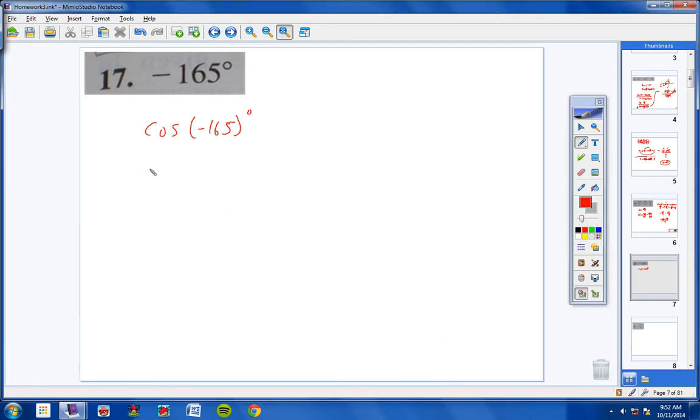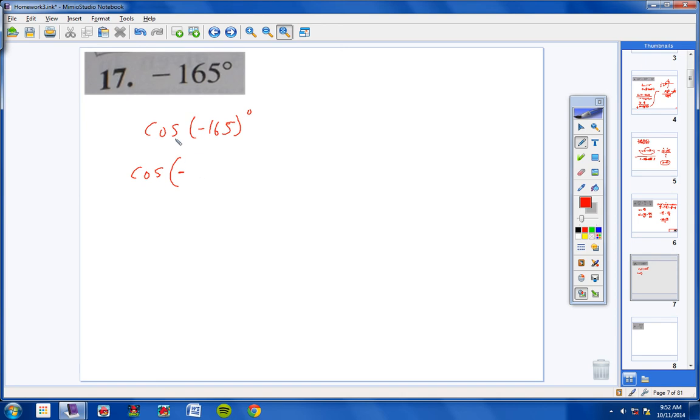Okay, this should work here, students. Okay, watch this. I'm going to use the cosine of negative, let's see, I got to be really careful here because of subtracting angles and adding angles.